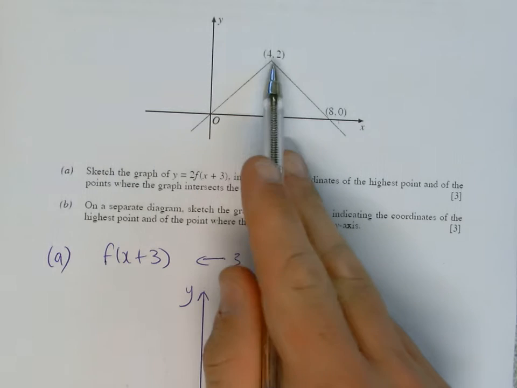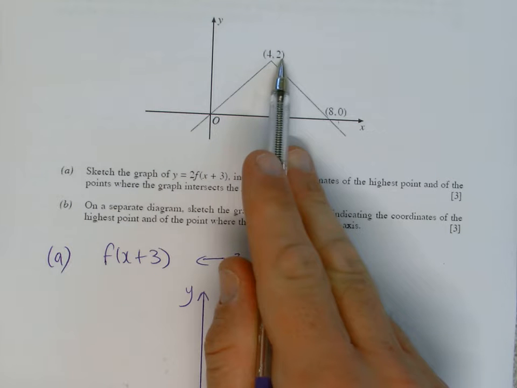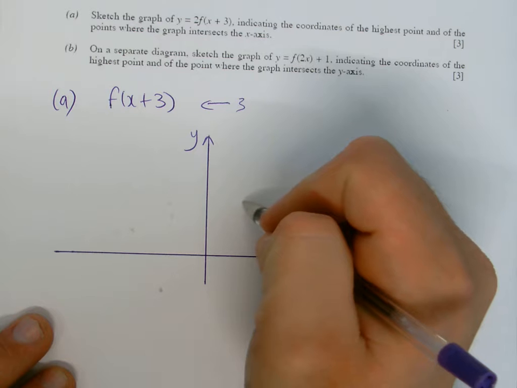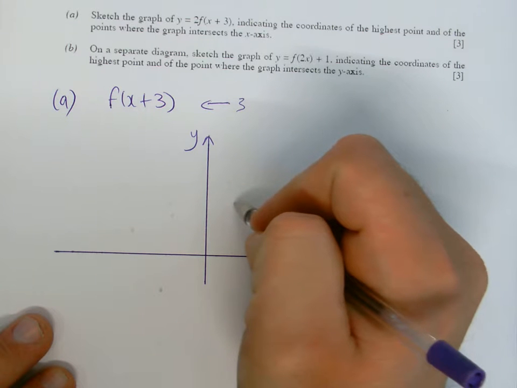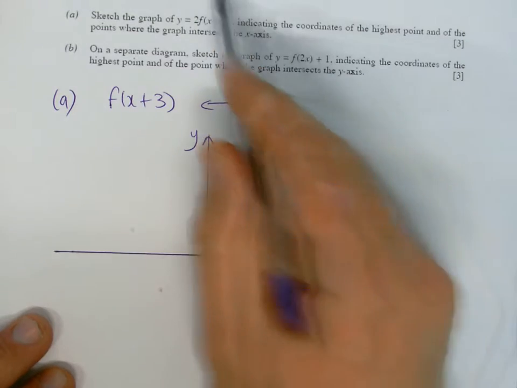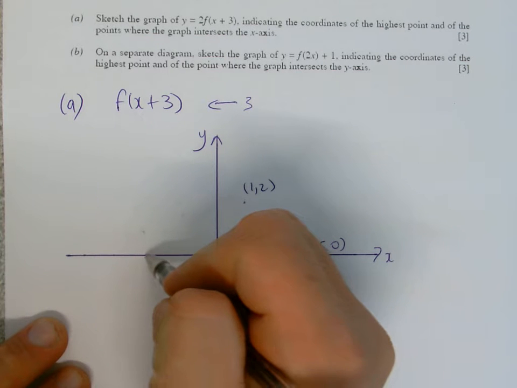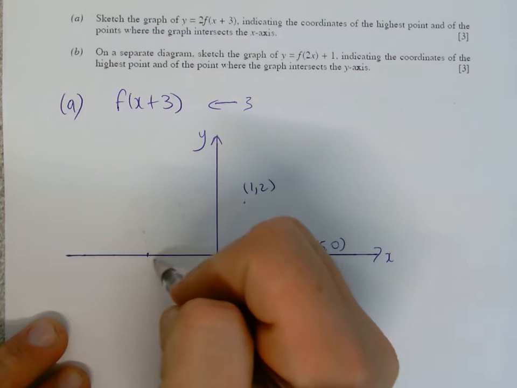That point up here goes back 3, so that'll become 1. The y value stays the same, it is not affected, so we'll go about there: (1, 2). And then it goes through the origin as well, so it goes back 3, so it'll go through -3, which is about here.